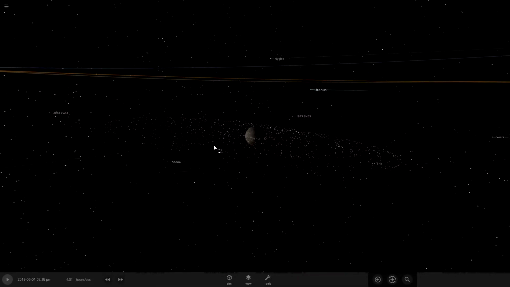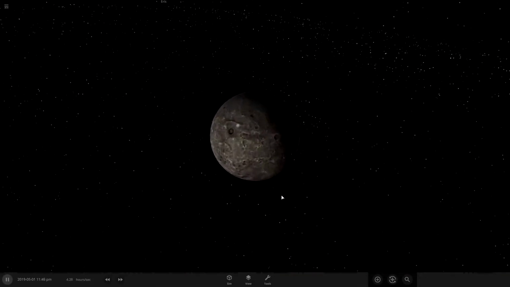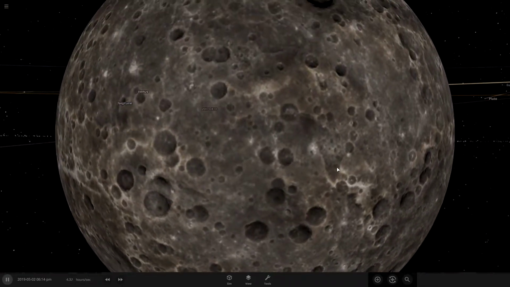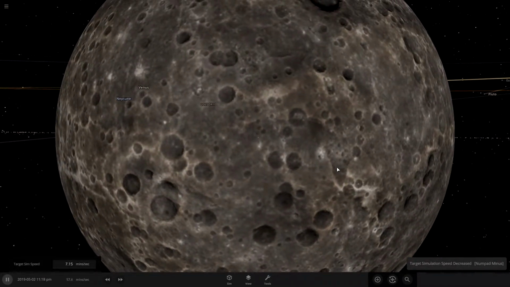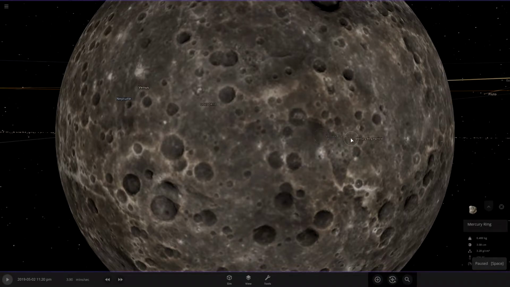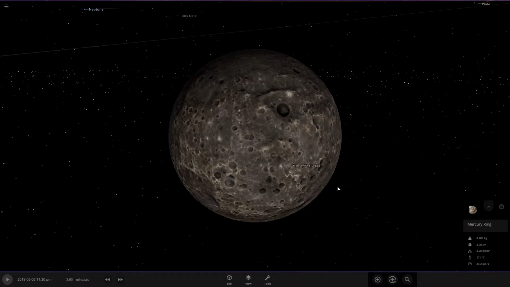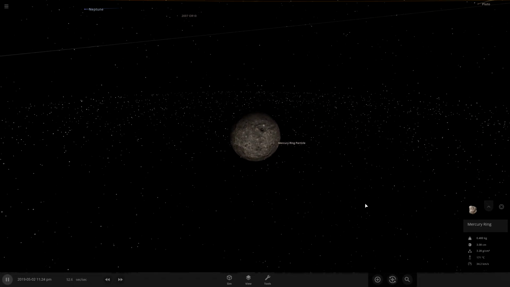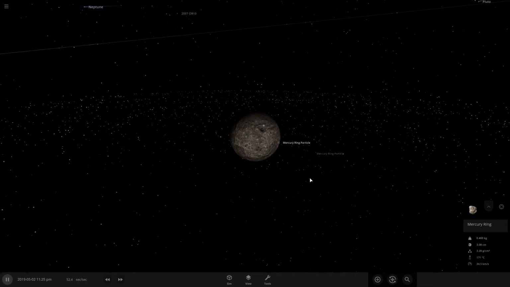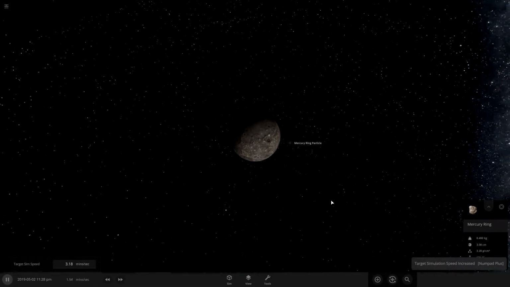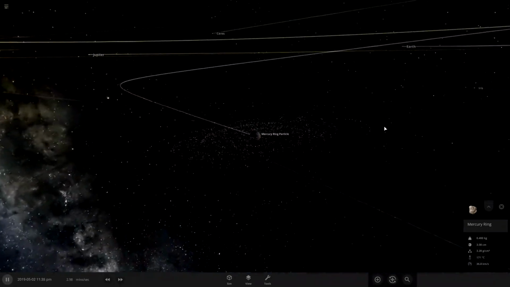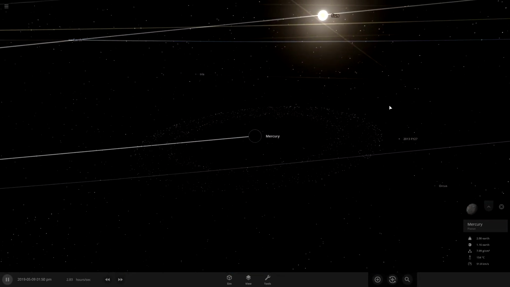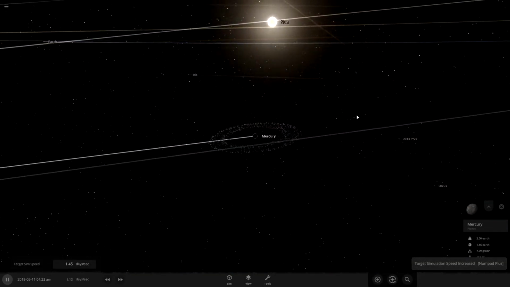They're zipping right past the planet. What is the speed of this thing? 34 kilometers a second, then obviously, as it gets further away, it's gonna get slower. That's how gravity works. Yeah, Mercury is able to keep its rings in the same shape.